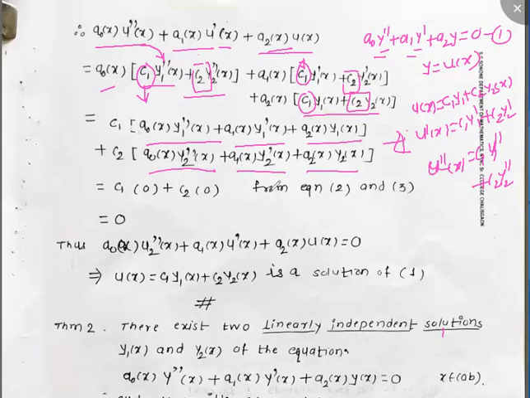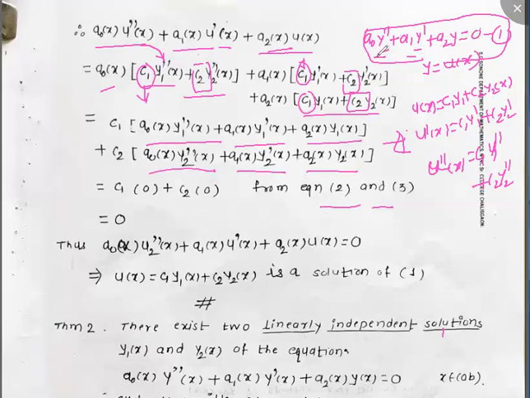Now from equation 2, because y1 and y2 are solutions of differential equation 1, they satisfy it. Differential equation 1 is a0(x) y''(x) + a1(x) y'(x) + a2(x) y(x) = 0, and y1 and y2 are given as solutions. So replacing y by y1, we get a0(x) y1''(x) + a1(x) y1'(x) + a2(x) y1(x) = 0, because it is a solution.